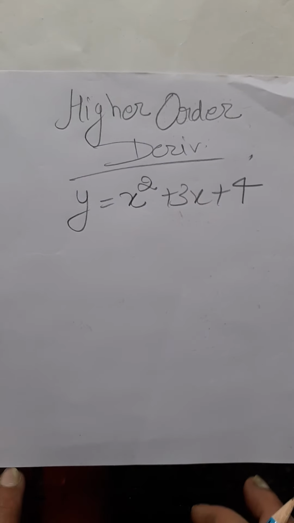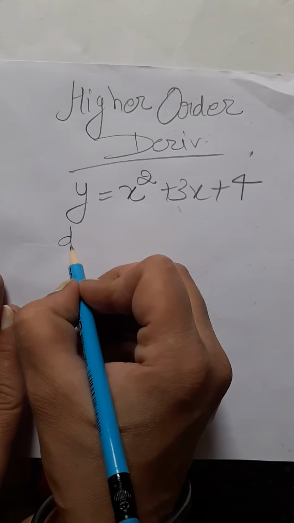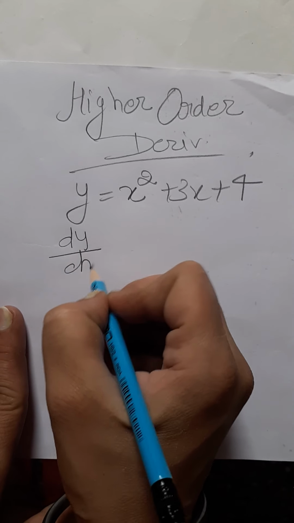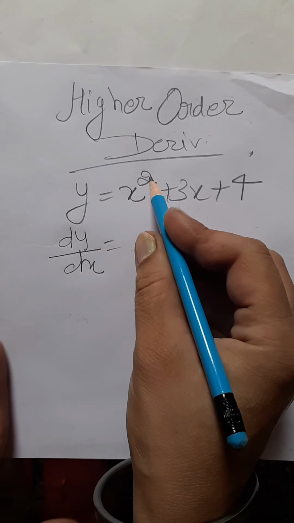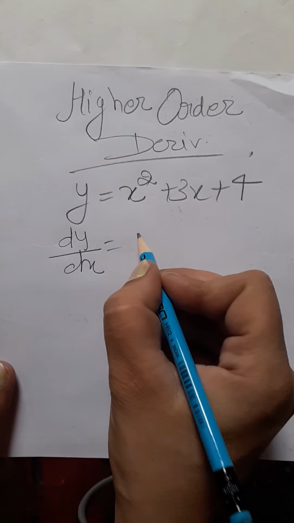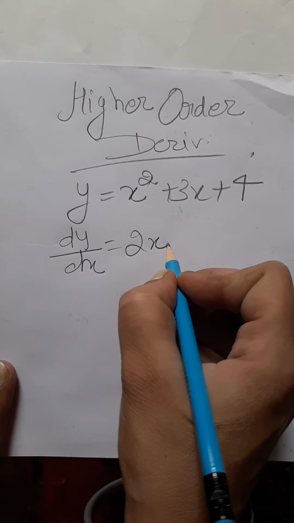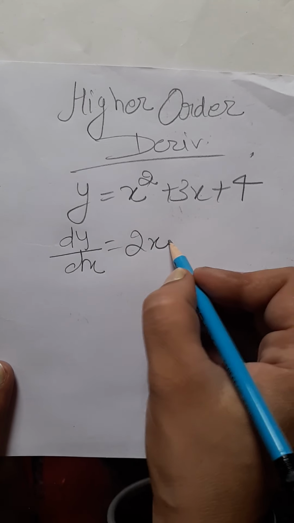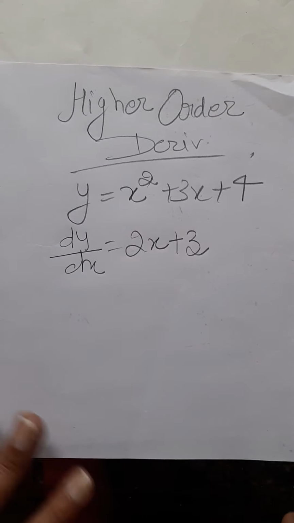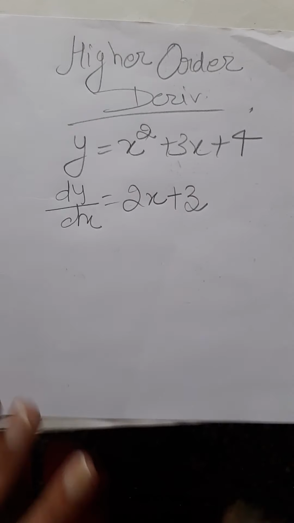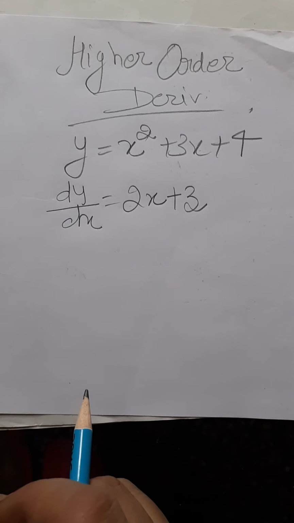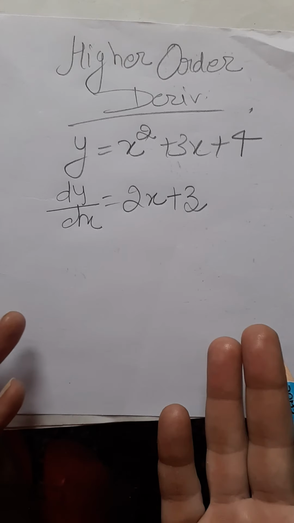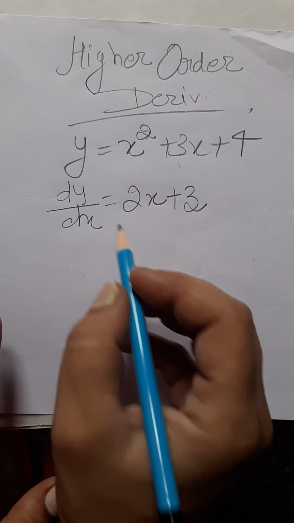When we take the derivative the first time, we take the derivative of y with respect to x: the derivative of x square is equal to 2x and the derivative of 3x is equal to 3.